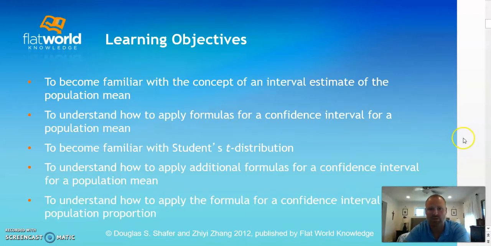First and foremost, we want to become familiar with the concept of an interval estimate of the population mean, to understand how to apply formulas for a confidence interval for a population mean, to become familiar with students' t-distributions, to understand how to apply additional formulas for a confidence interval for a population mean, to understand how to apply the formula for a confidence interval for a population proportion.